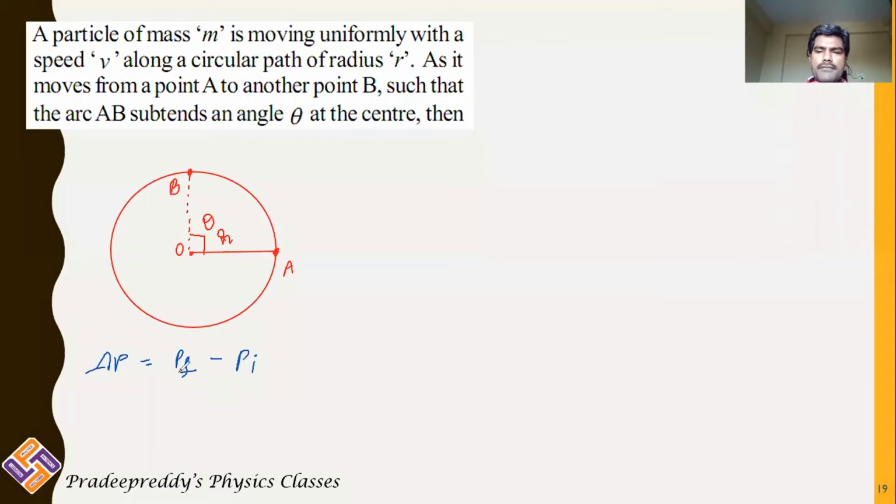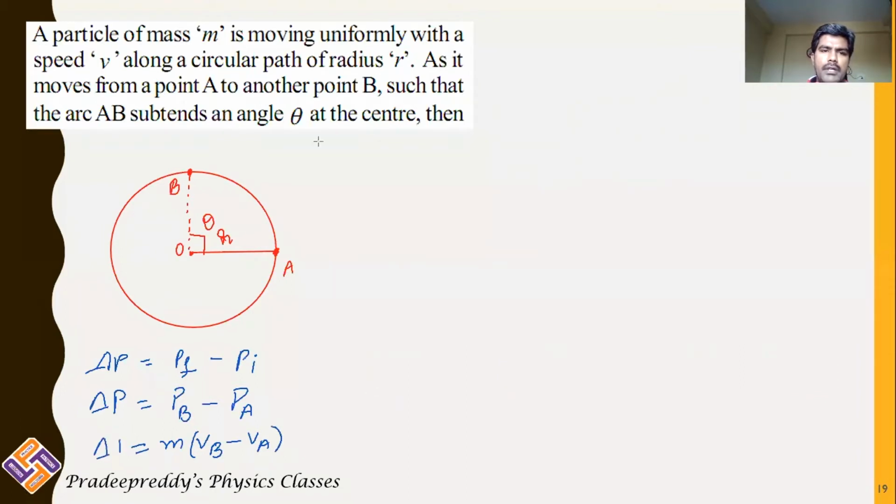The final momentum is at position B, so delta P is equal to momentum at B minus the initial momentum, which is momentum at position A. This is equal to mass into velocity at B minus velocity at A. This gives you delta P, the change in momentum.